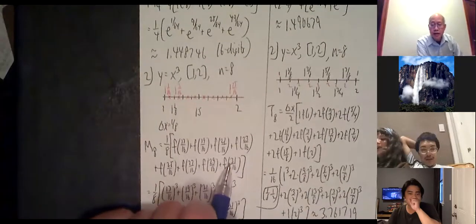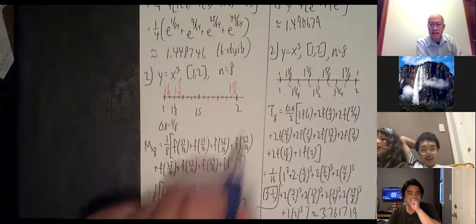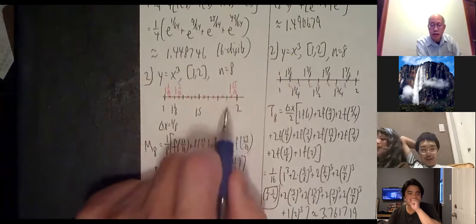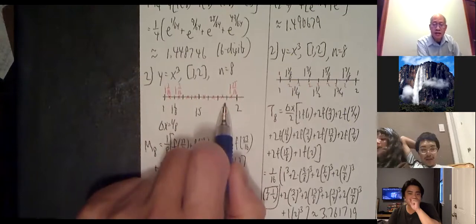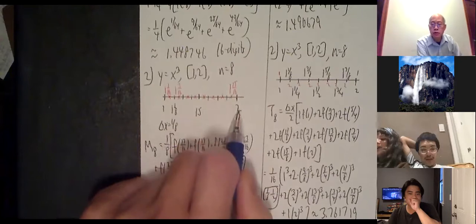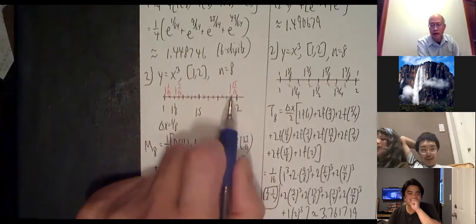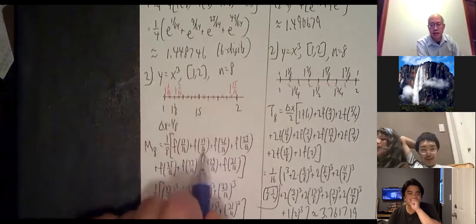A quick double check: that is 1 and 15/16, which is what it's supposed to be. 2 is 1 and 16/16, so halfway would be 1 and 15/16.